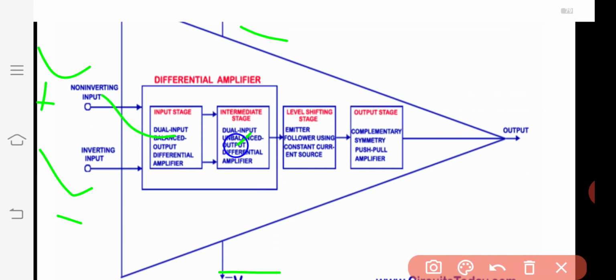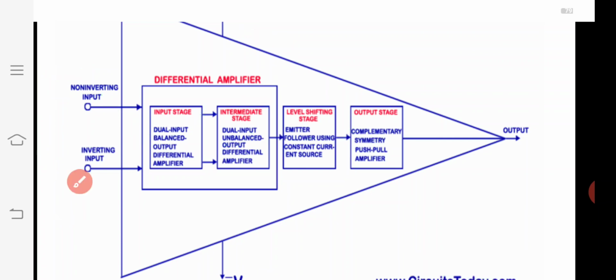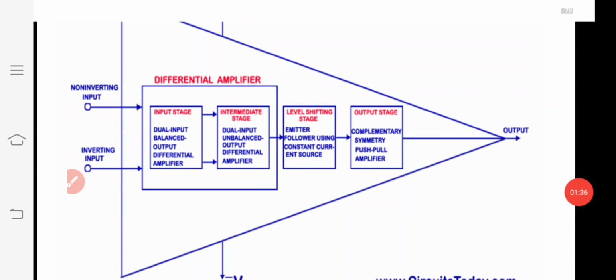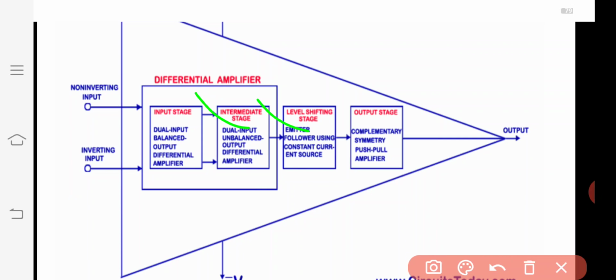Input stage, intermediate stage, level shifting, output stage. In the input stage, a dual input balanced output differential amplifier is used.